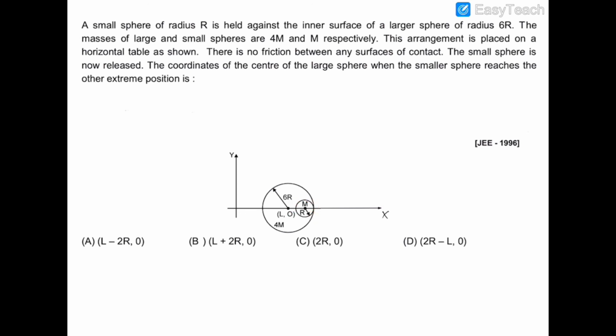The mass of this smaller sphere is m and its radius is r. Now we will release this smaller sphere, and then we have to find out the coordinates of the center of this bigger sphere when this smaller sphere will reach the other extreme of the bigger sphere.